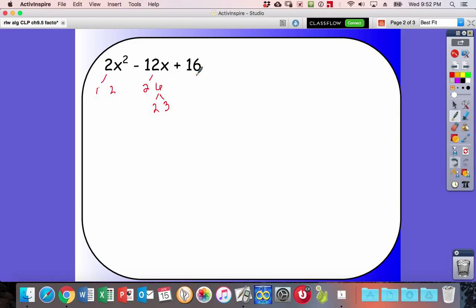Those are all prime. 16 is 4 times 4, which gives me a 2 times 2, and this one is a 2 times 2. So I'm going to circle: I have a 2 here, a 2 here, and a 2 here. That's the only thing they all have in common. So the GCF is equal to 2.